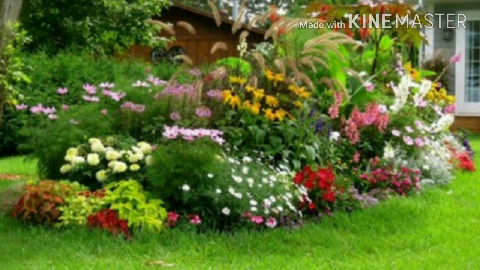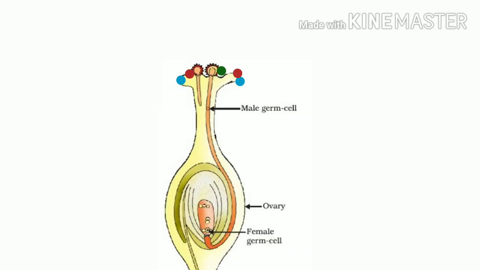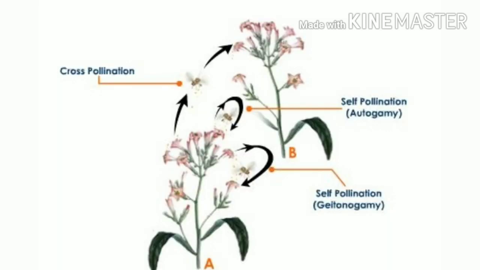Therefore, the stigma of a flower of any one particular plant receives pollen of its own species as well as of others. But nature has so designed that only the pollen of the same species of the plant will survive and grow further to continue the process for reproduction, and the rest of the types of pollen will fail to germinate and perish.